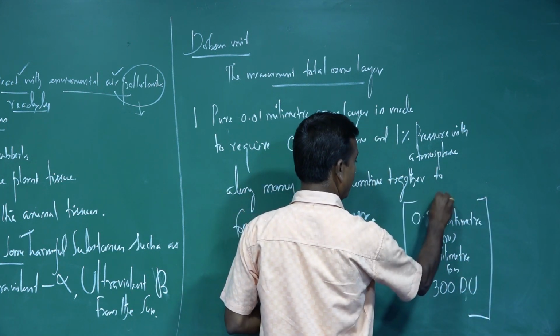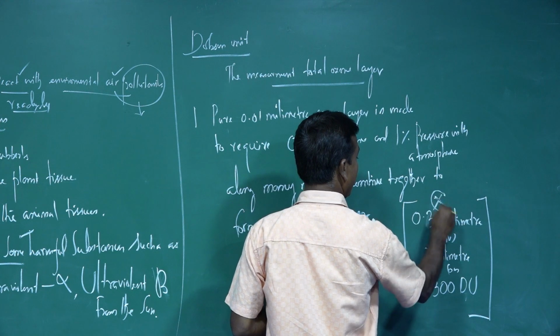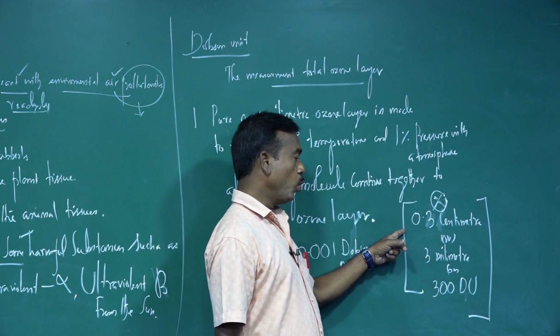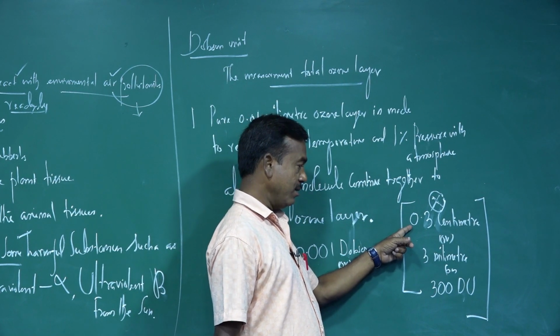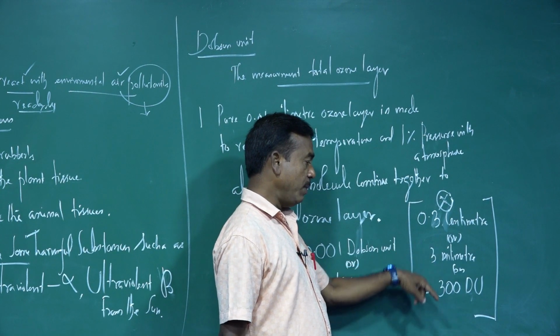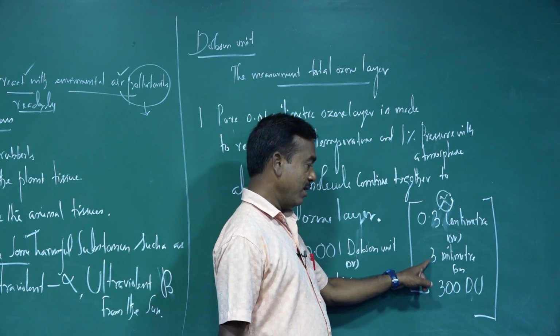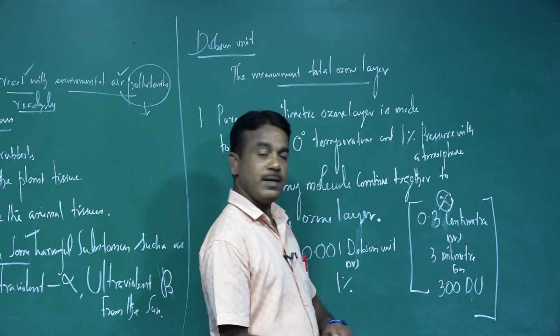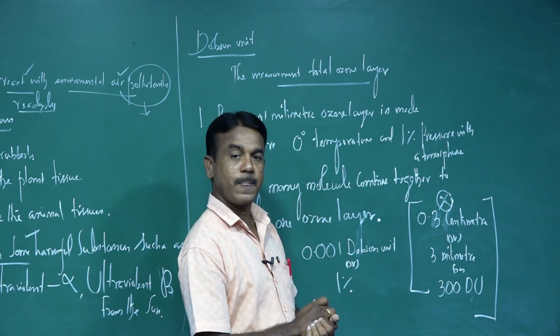Please note that it is very essential to record this. The total ozone layer in the earth is 0.3 centimeter, or 3 millimeter, or 300 Dobson units.